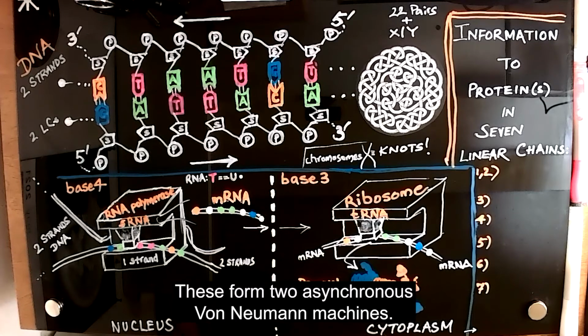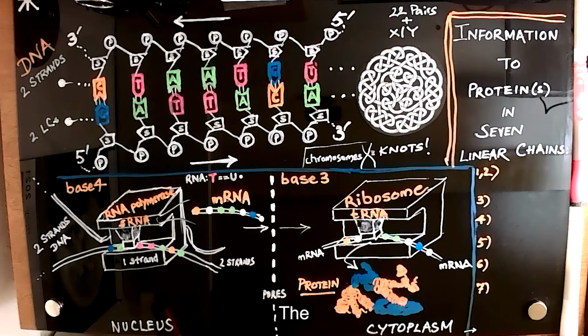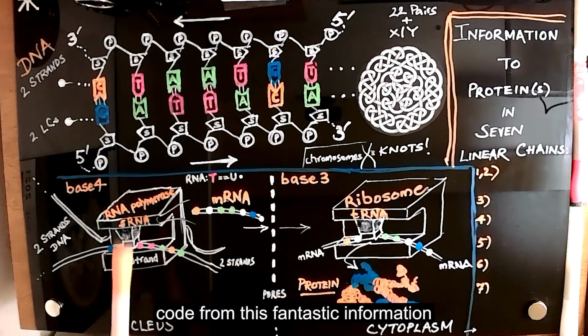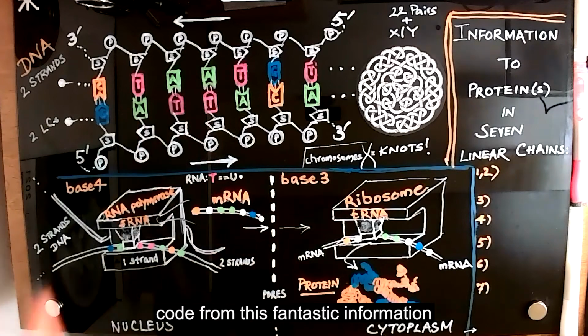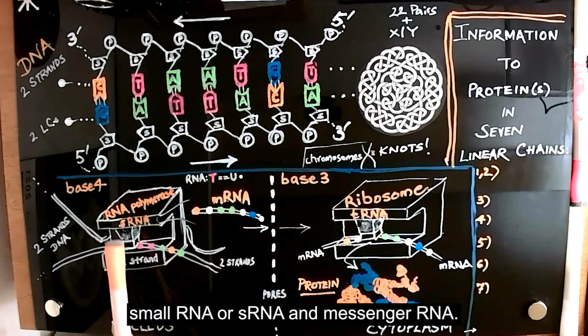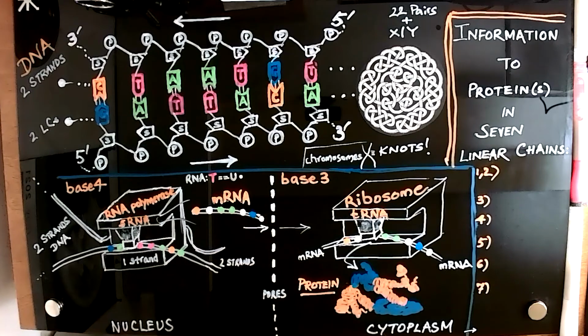These form 2 asynchronous von Neumann machines. The machine inside the nucleus transcribes the code from this fantastic information system using RNA polymerase, an enzyme, small RNA or sRNA, and messenger RNA.